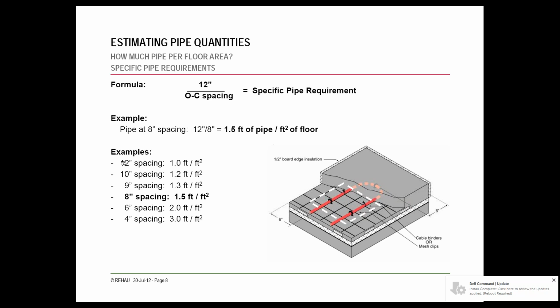So if you're working with 12-inch spacing, it's 1 foot of pipe per square foot. So if you have 500 square feet, you're looking at 500 feet of pipe. If you tighten up the spacing, you're going to have a lot more piping per square foot, as you can see here.